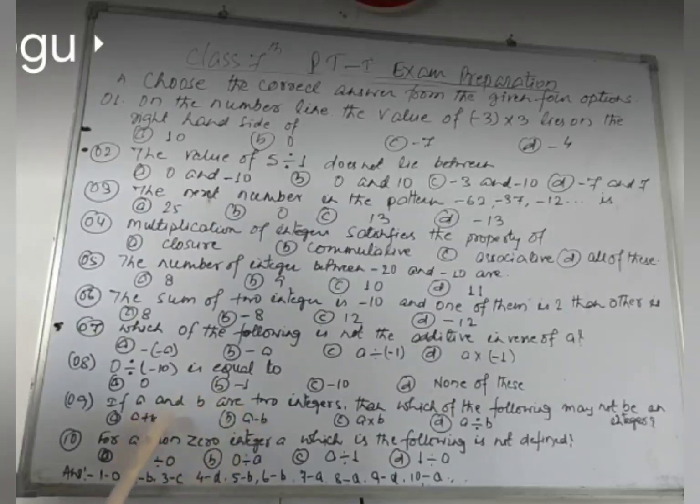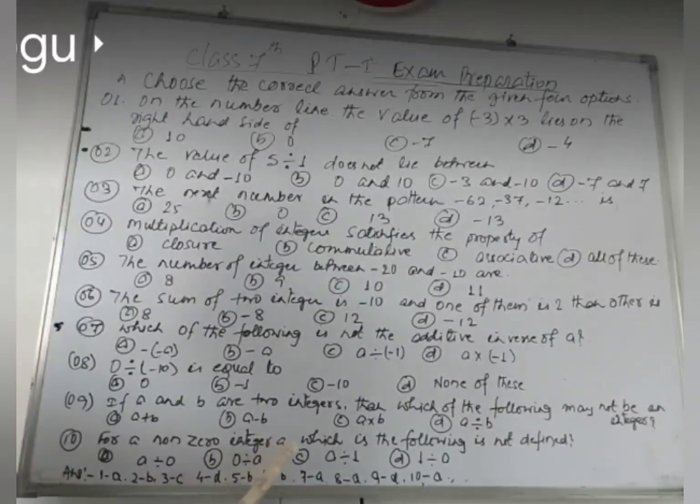Among these four, which is not an integer means if you put the value of A and B, the answer will not be an integer. You can change the value of A and B, and any value you try, you will get an integer answer.